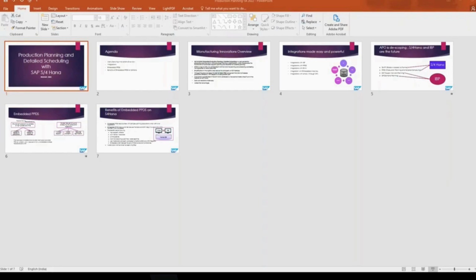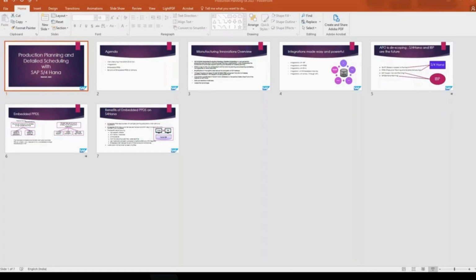But when it comes to networking and integrating different plans, customers, contract manufacturing organizations, and planning them all together, SAP was lacking. And in place of having two different systems, customers used to prefer to go for other planning tools like Kinaxis and o9, something like that.